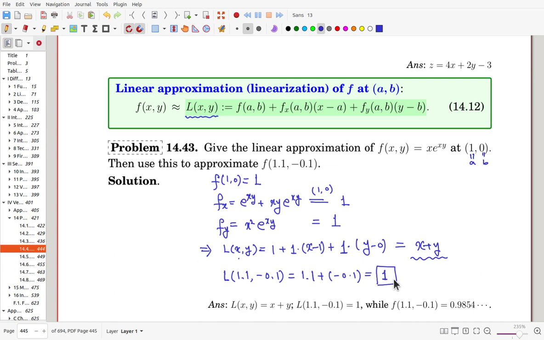But if you compute the real value at (1.1, minus 0.1), you will see it is 0.9854, like that. So around (1, 0), this tangent plane approximation, or linear approximation, approximates the function value quite well.